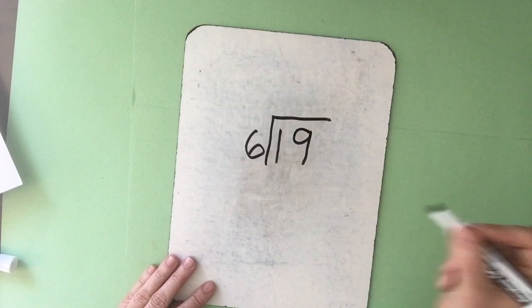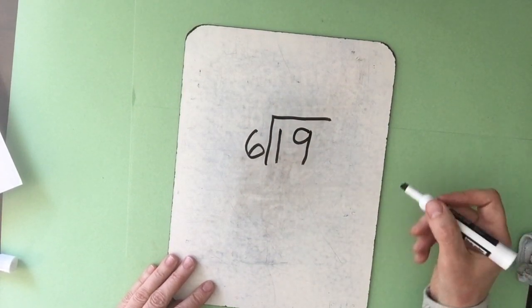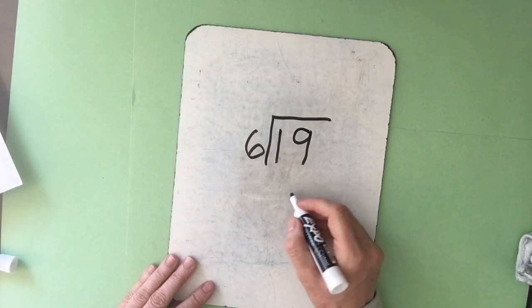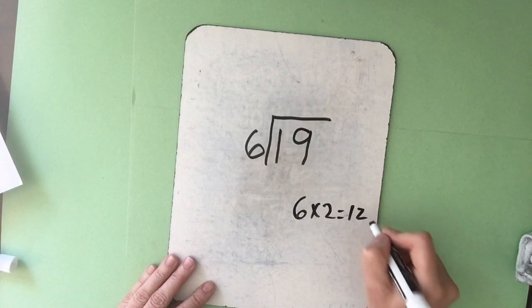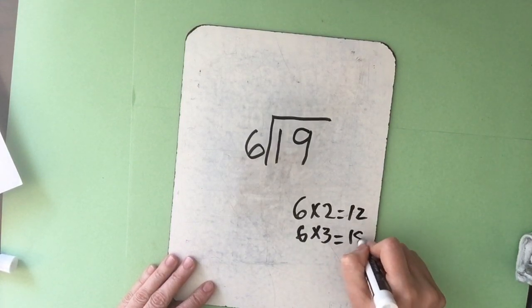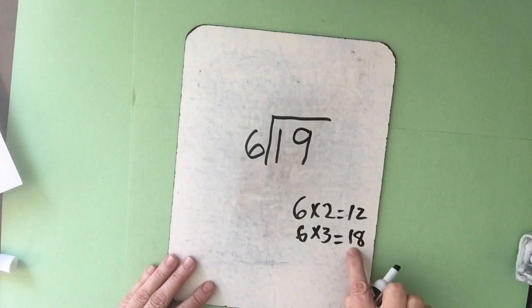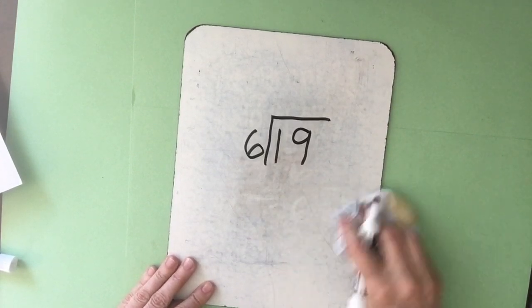And we ask ourselves, how many 6's go into 19 without going over? I know that 6 times 2 is 12, and 6 times 3 is 18. I can stop there because if I add another 6, I'm going to get well above 19. So I'm going to go with 3.